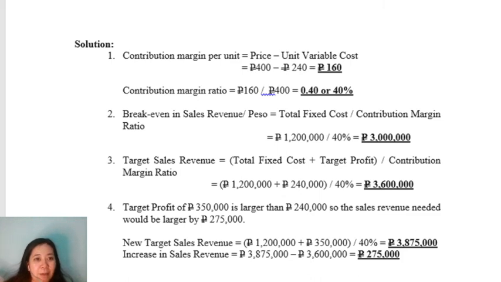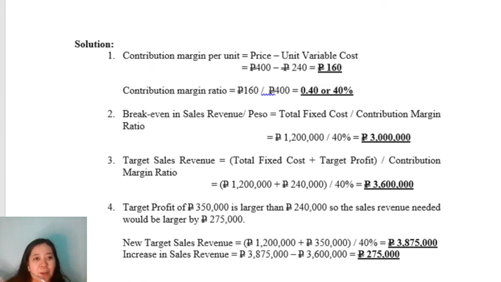Number three, so what if the company targets to achieve 240,000 profit? What is the target sales revenue? Okay, again, using the formula. So here, in order for the company to achieve 240,000 operating income, they must reach the total sales of 3.6 million.